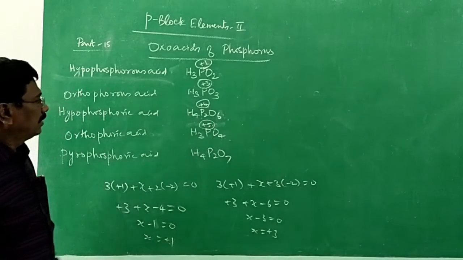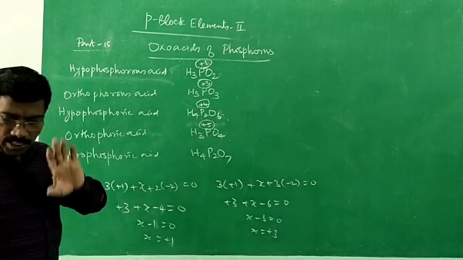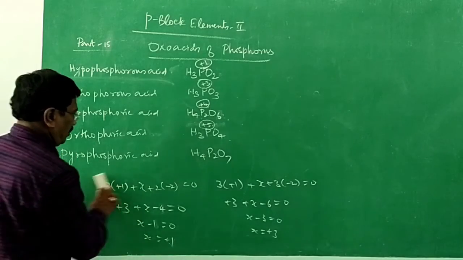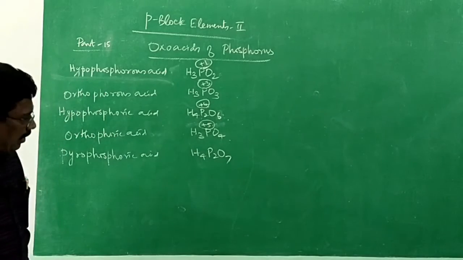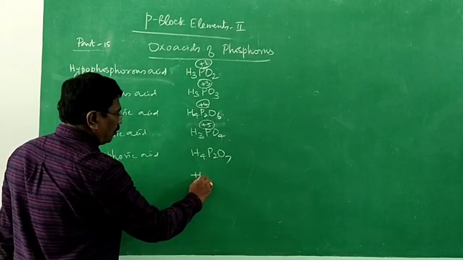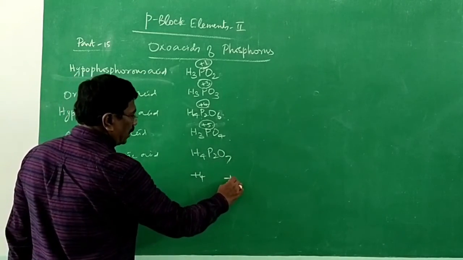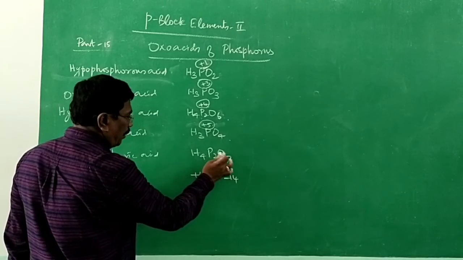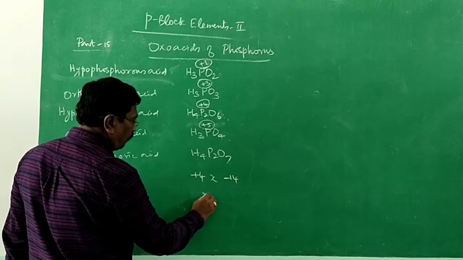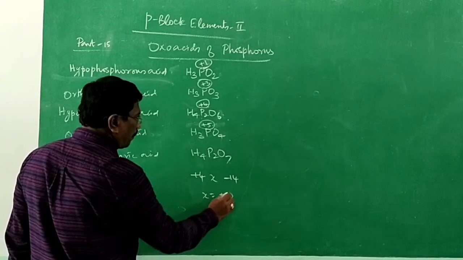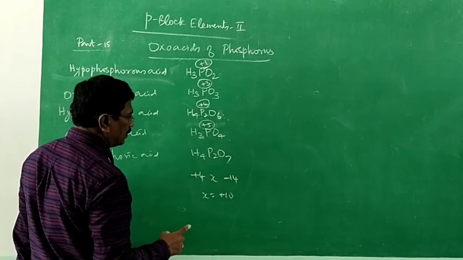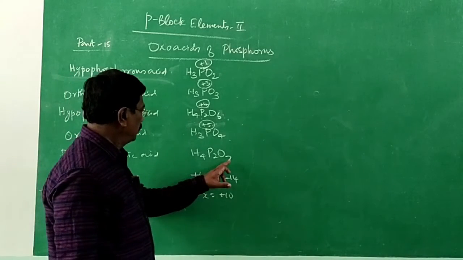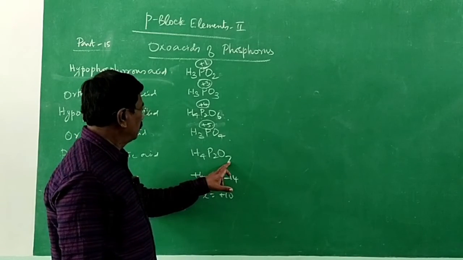Now, when we come to pyrophosphoric acid, we may have one confusion: we may think the oxidation number is plus 10.